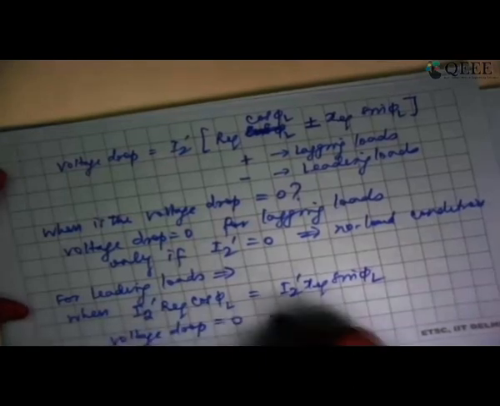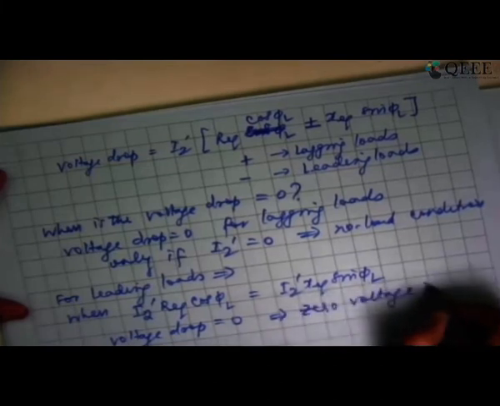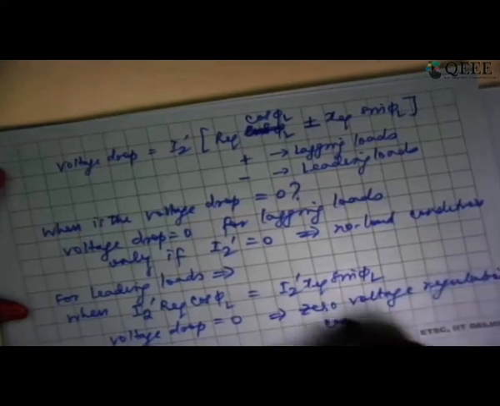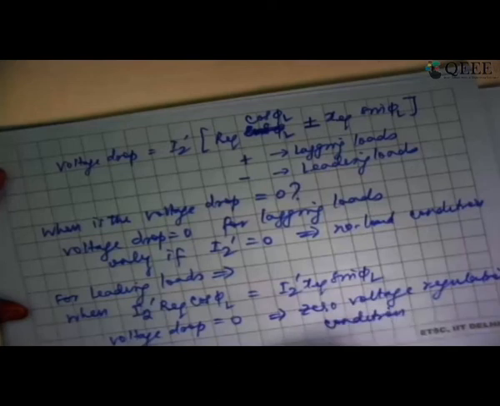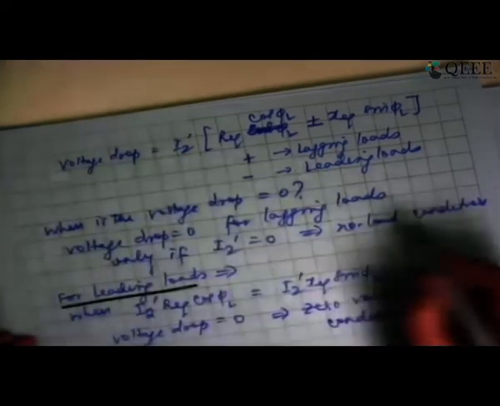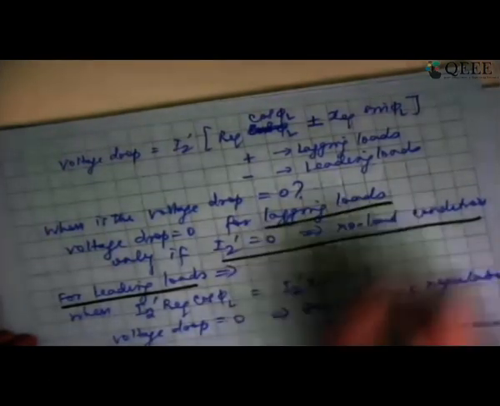So this is the zero voltage regulation condition with leading loads. This is true only for leading loads. Obviously for lagging loads, only for no load condition will I have zero voltage regulation.